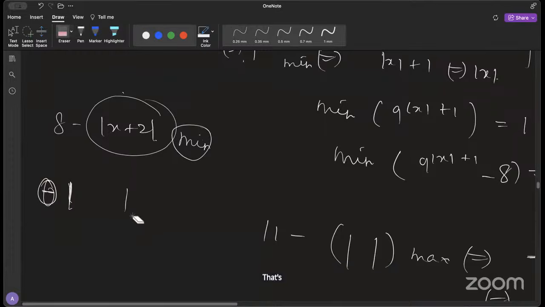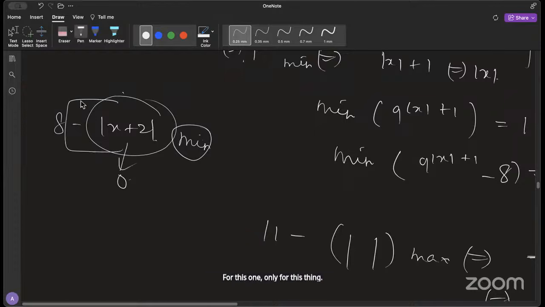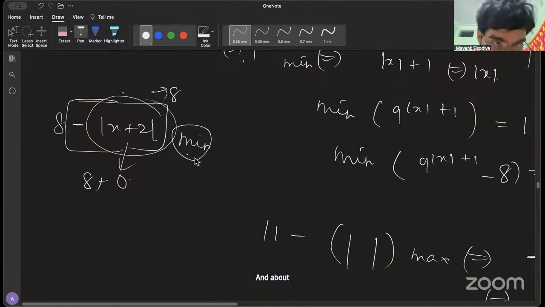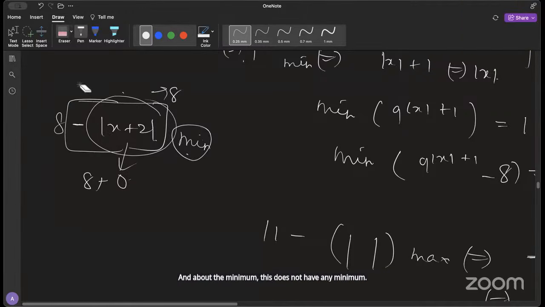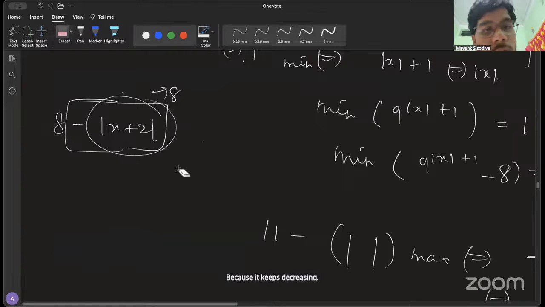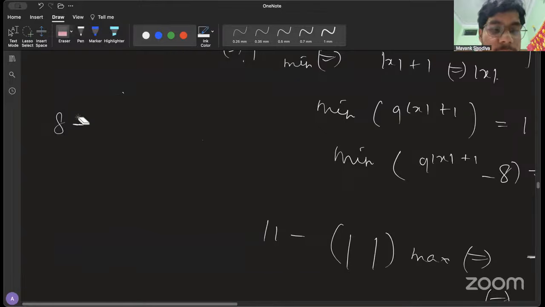The maximum value you can get for the mod part, including the negative sign, is 0, and then plus 8. So the maximum value for this entire expression is 8. And about the minimum, this does not have any minimum because it keeps decreasing. Okay. Thank you, ma'am.